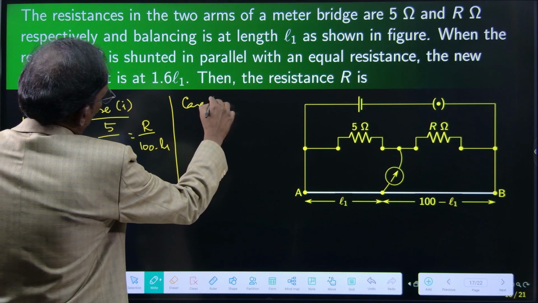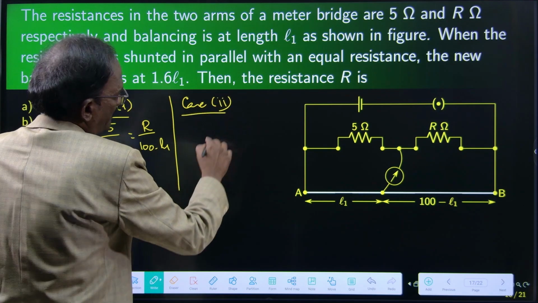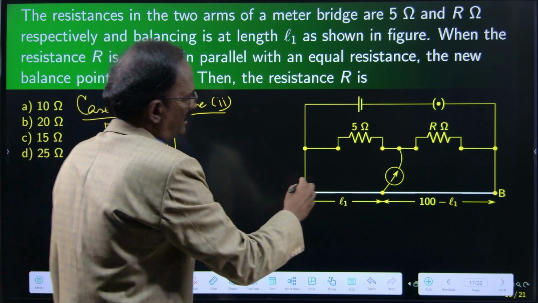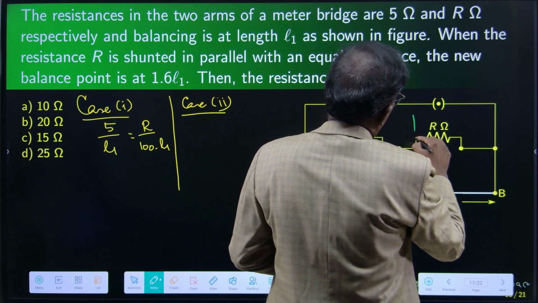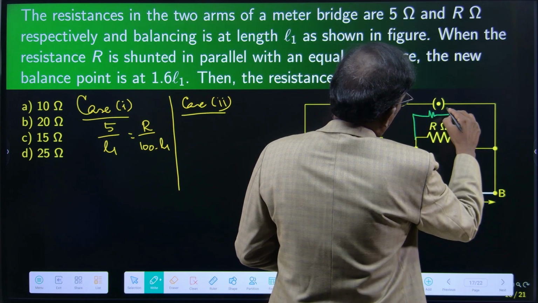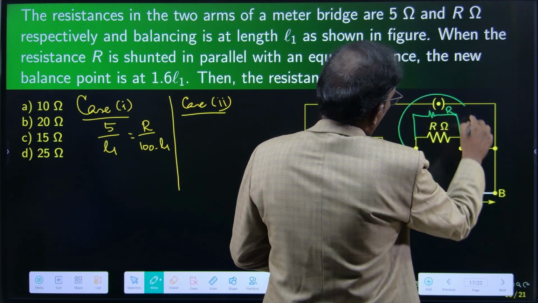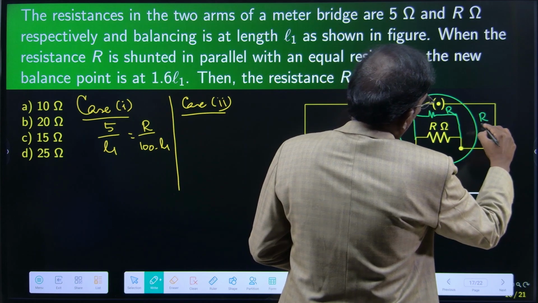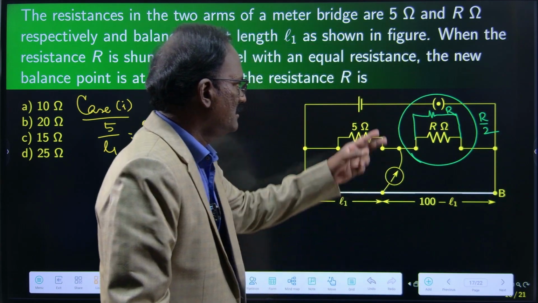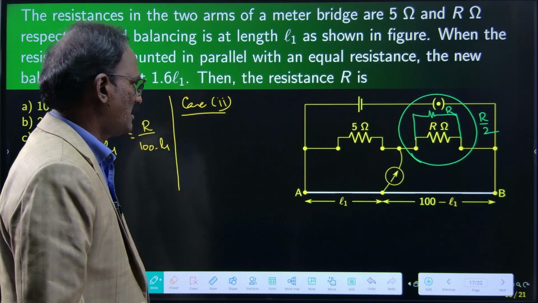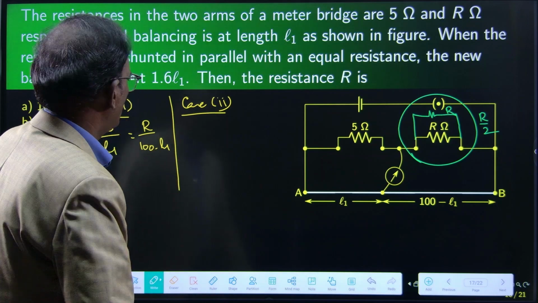Then case 2, 5 divided by, here now we are going to connect one more resistance here. So the equivalent value will be R by 2, isn't it? Two equal values are coming in parallel, so the net value is R by 2.